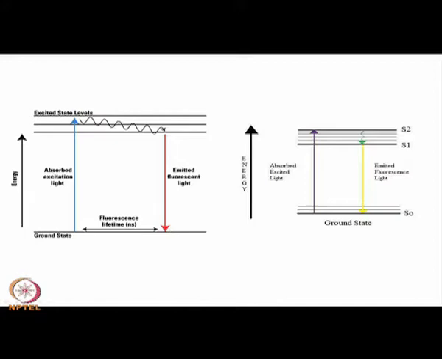Okay. So, this way diagrammatically you can designate a fluorescence emission, or luminescence, means you can designate whether it is fluorescence or else.